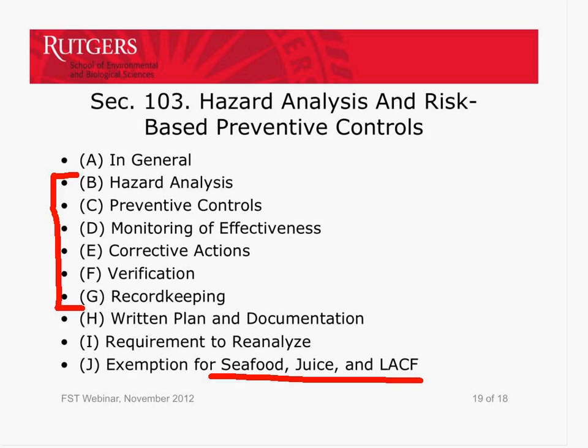But essentially, what Section 103 of the Act does is create HACCP for the rest of the food industry, because USDA is already under HACCP for meat and poultry, and seafood, juice and low acid canned foods are being managed by HACCP or HACCP-like programs. This basically extends that to the rest of the industry. So definitely HACCP is coming to the rest of the food industry in the United States, even though it may not explicitly say that in the regulations. It definitely looks and feels just like HACCP to me.